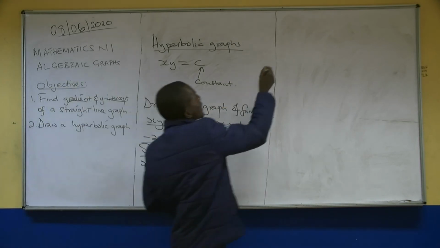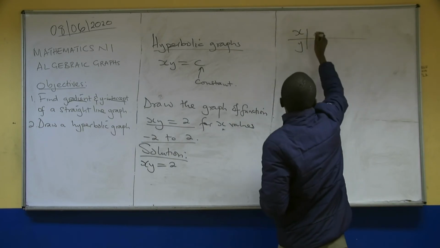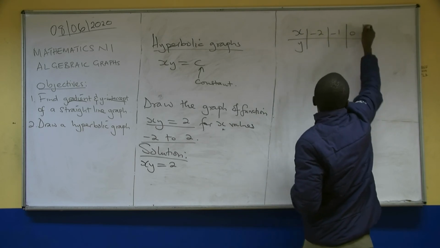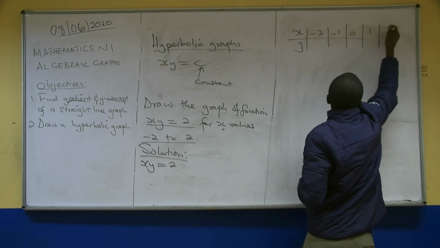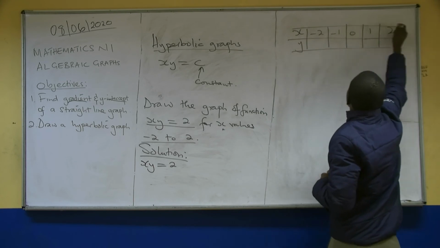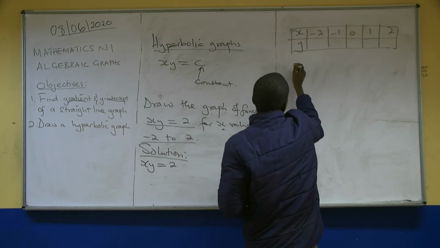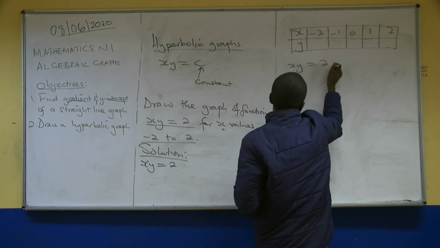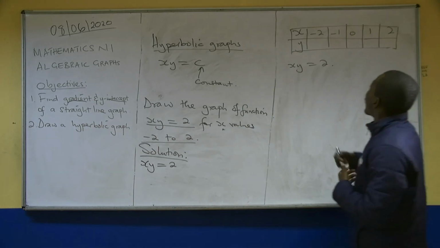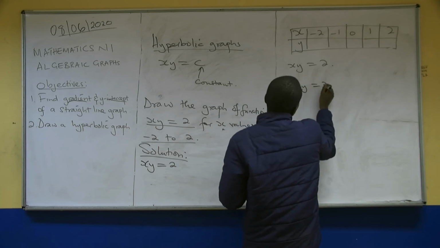So now we have our graph xy equal to 2, which means we automatically have a table of values with x as minus 2, minus 1, 0, 1, 2. Now, the task is to complete that table so that we are able to draw the graph.